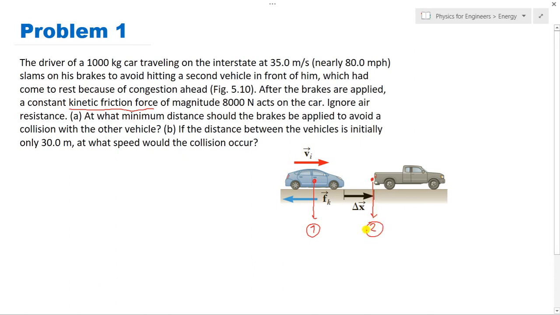Okay, since we already know the states 1 and 2, state 1 is the initial condition or initial situation, and then state 2 is the final situation.